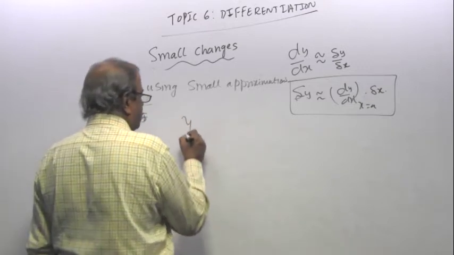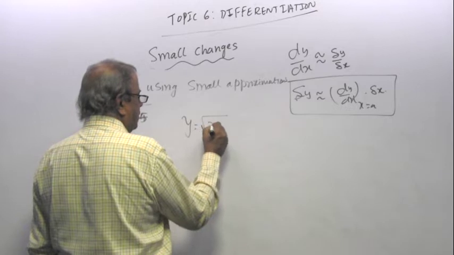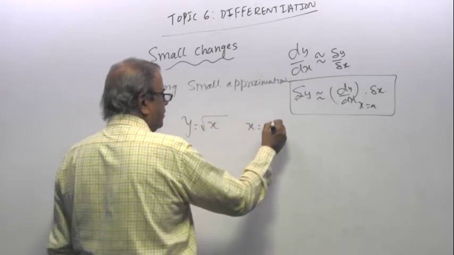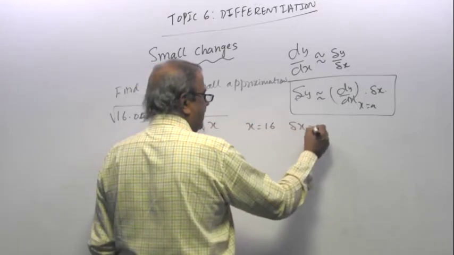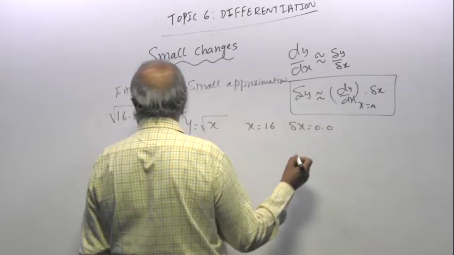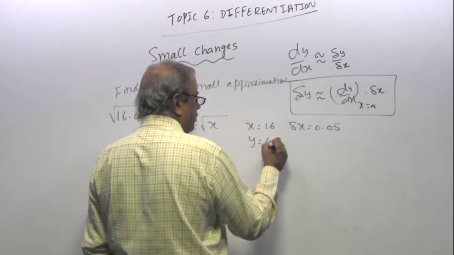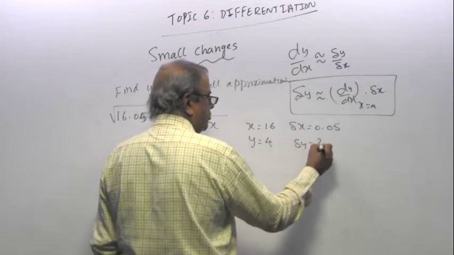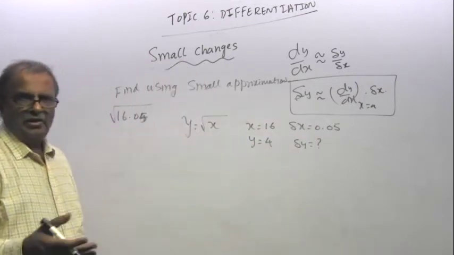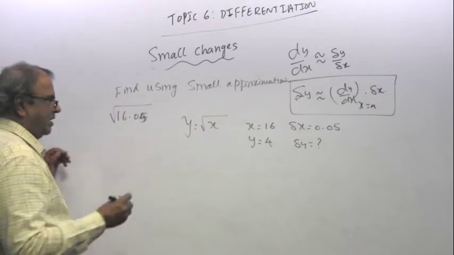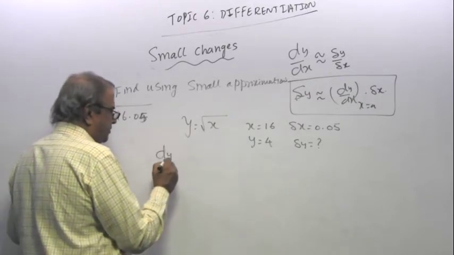So you start with the function y is square root of x, x equal to 16, delta x equal to 0.05, y is equal to 4. Once you find delta y, you can do y plus delta y. What's dy by dx?